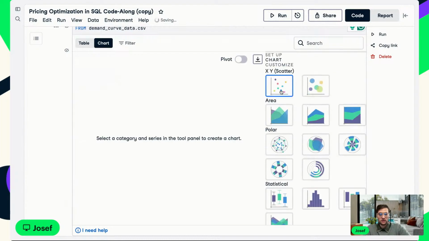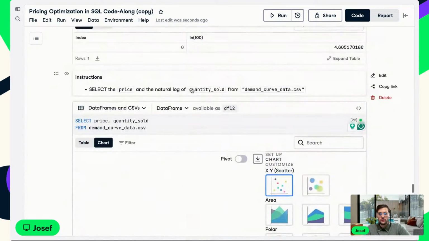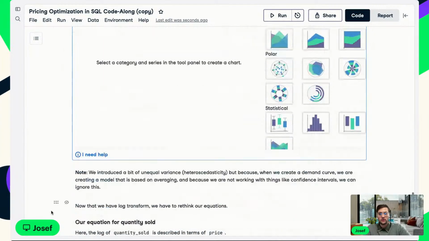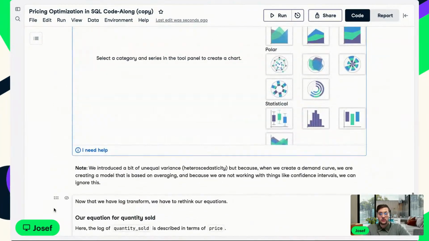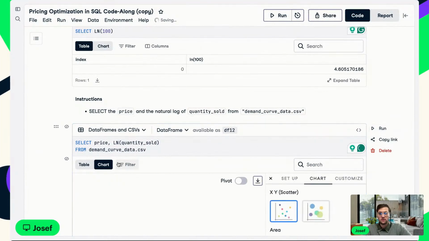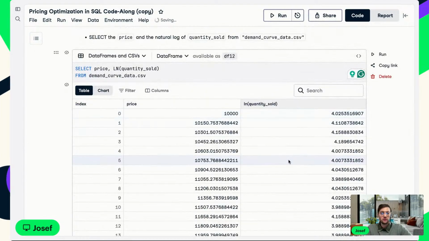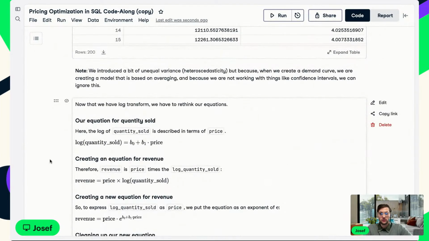We can create a scatter chart. Actually, what I want to do is move on to creating a log model. Select price, ln of quantity sold from demand curve data. So we can do log transforms on our quantity sold here.